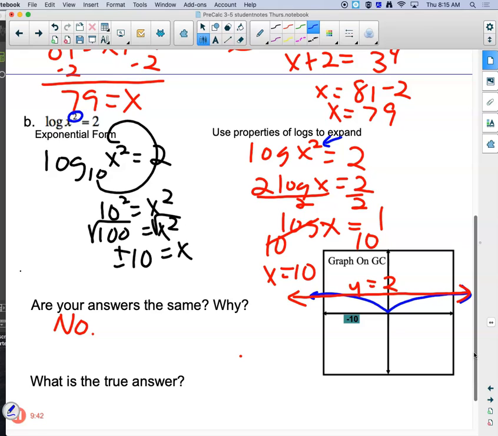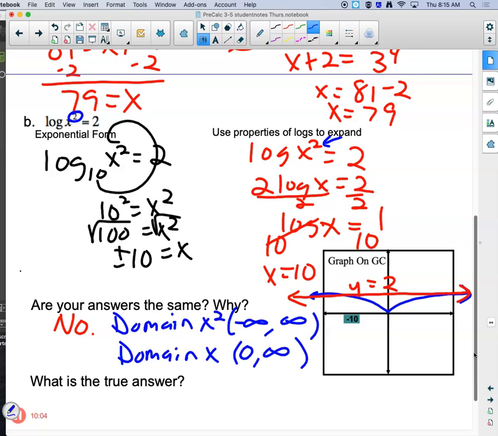So domain-wise, the domain for x squared, well, that's everything as far as logarithms go. We could put in positives or negatives and we'll be just fine. But the domain for x when we're working with logarithms is from 0 to infinity.